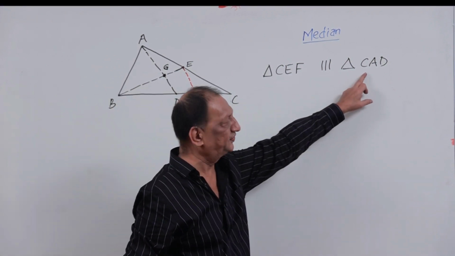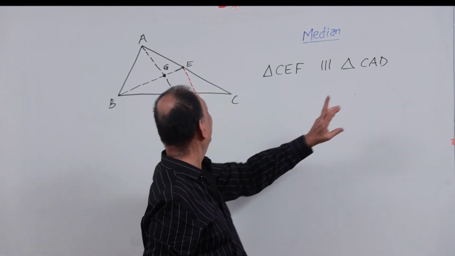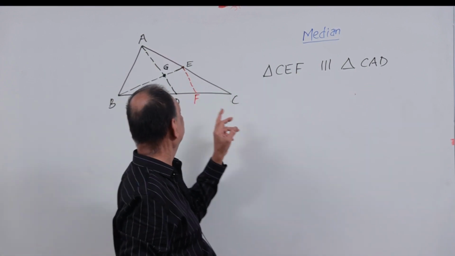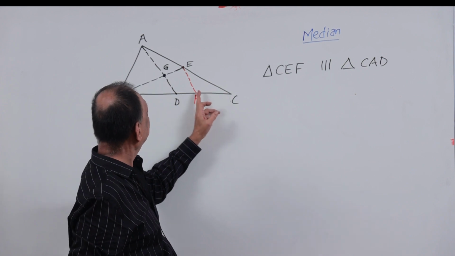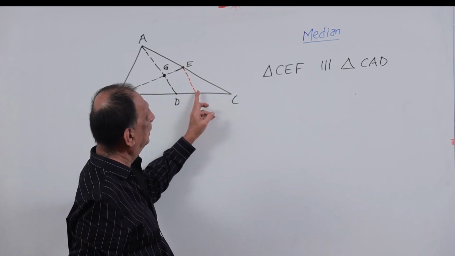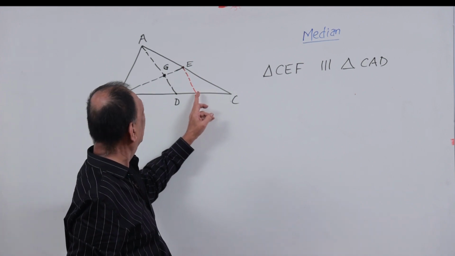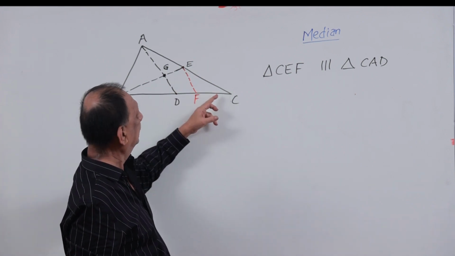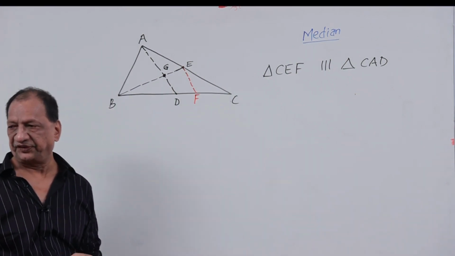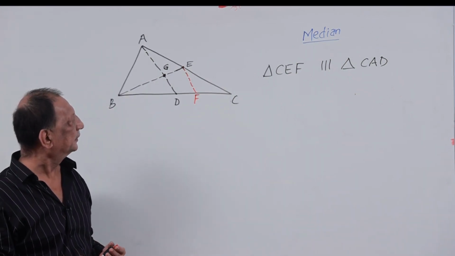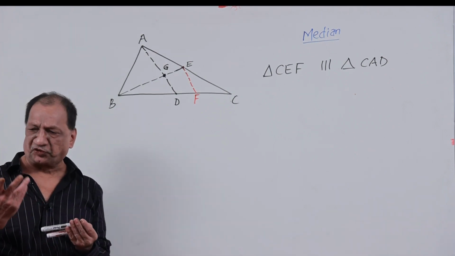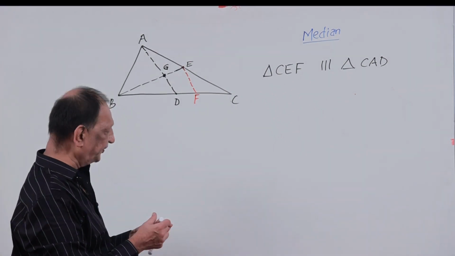Angle C same, angle E will be equal to angle A, and angle F will be equal to angle D. Correct. Which means the sides are proportional, right? So what are the sides I am interested in?